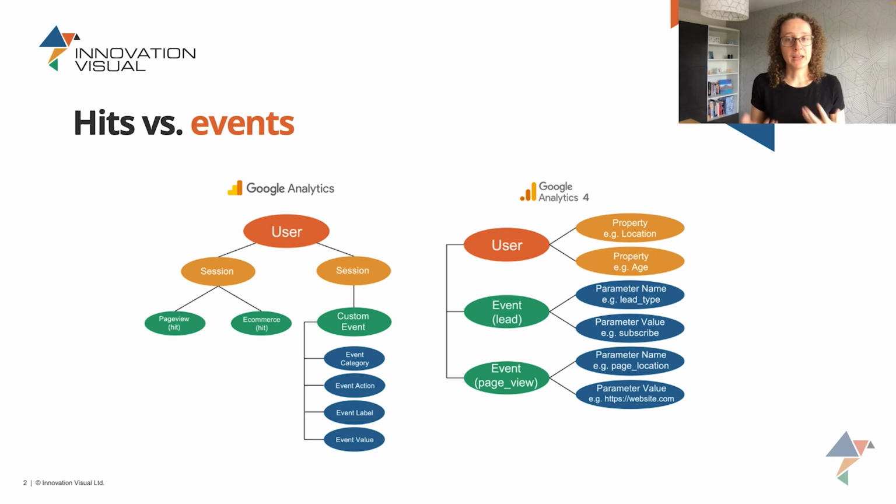So things like page views might be automated, or demo form fields, for example, you might be able to automate that as well. And so you can see how you can start drilling down into your data much more than the events that we used with Universal Analytics.